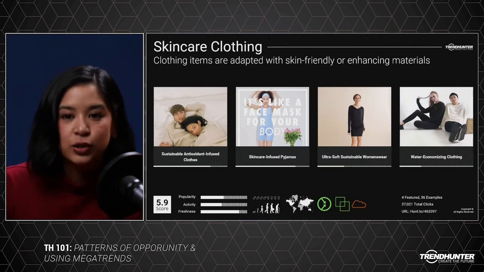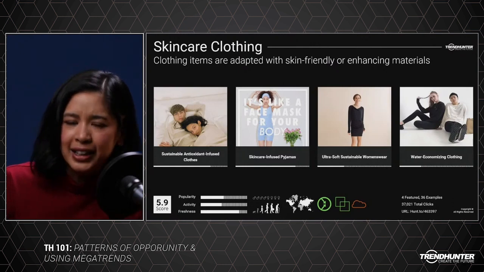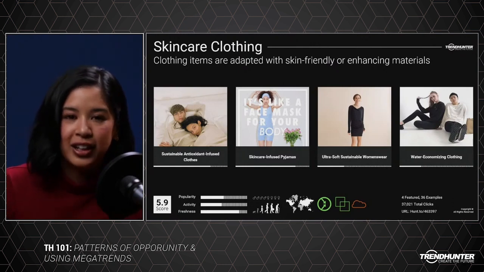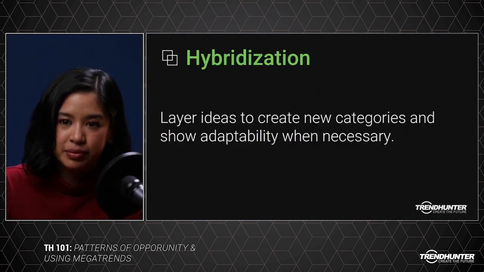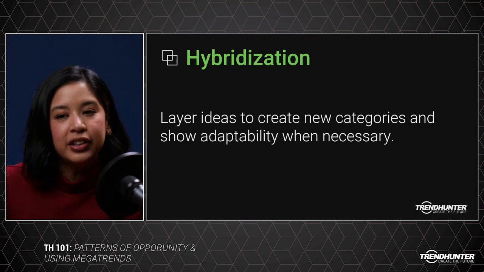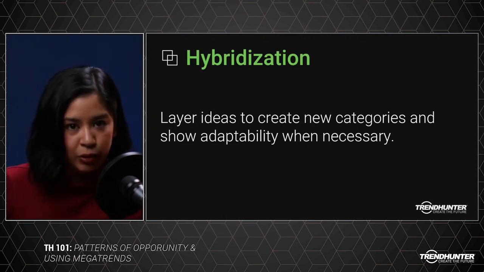Toronto still is to a degree. And so combining these two things, we see clothing items adapted with skin-friendly or enhancing materials. So hybridization is about layering ideas to create new categories and show adaptability when necessary.